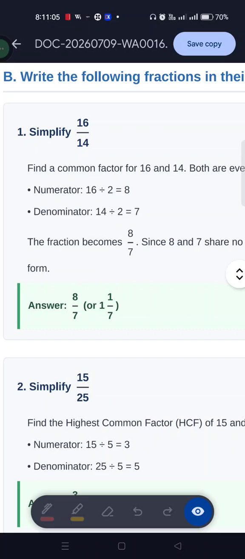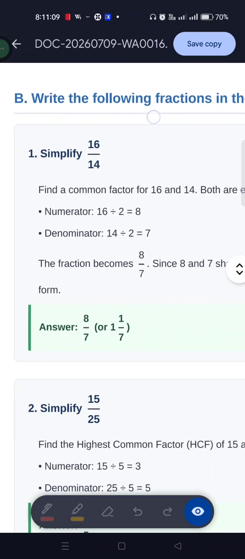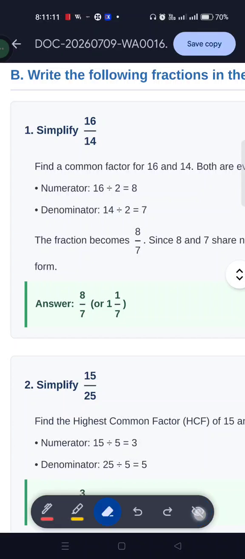Simplest form is a form where you get a number which cannot be divided further. So if I give you the fraction 1 upon 2, you cannot cut 1 upon 2 further. So it is the simplest form of a fraction.